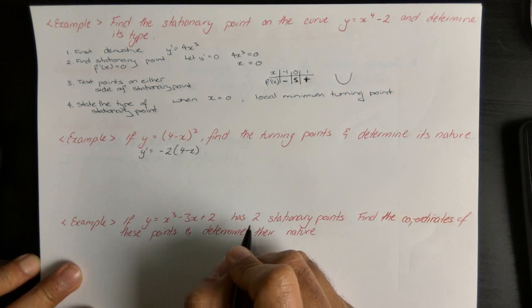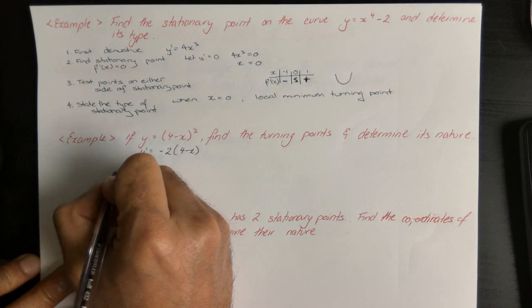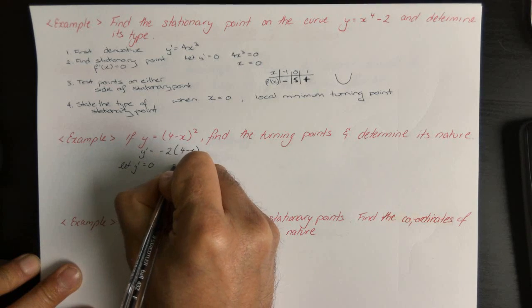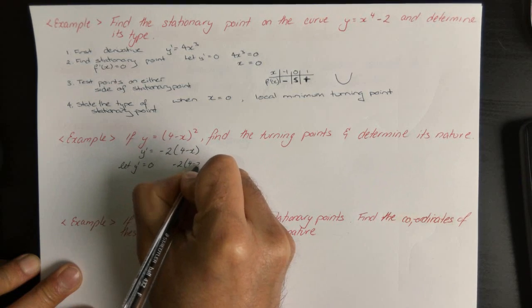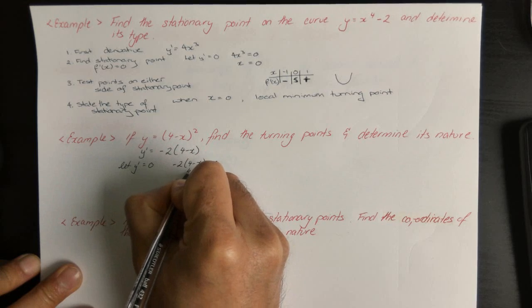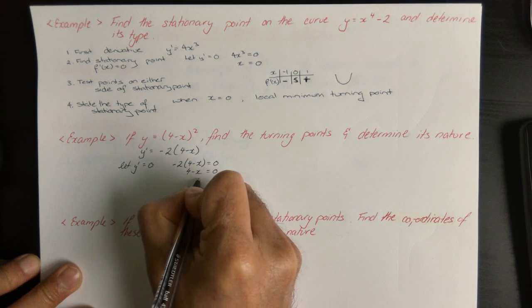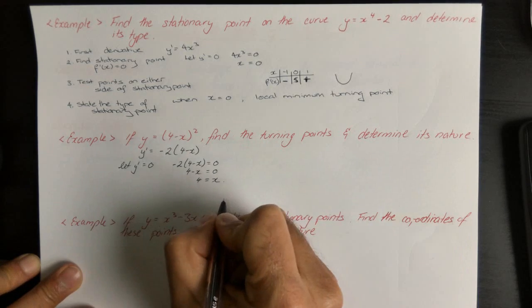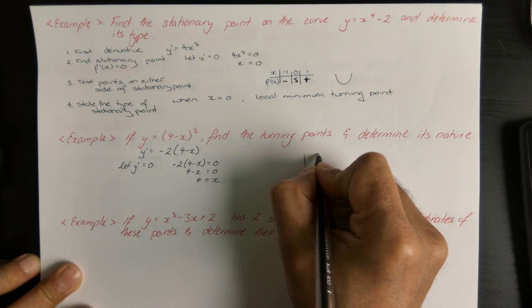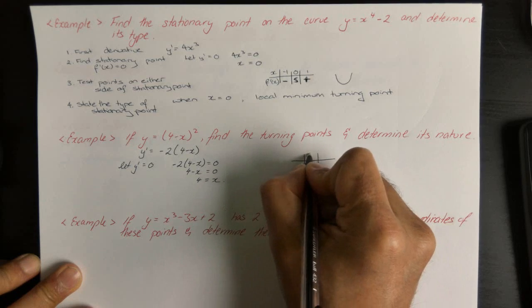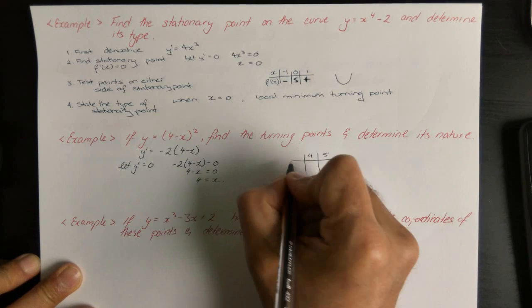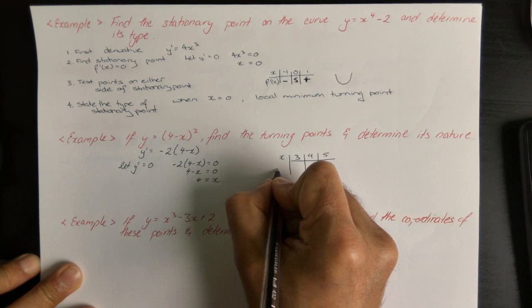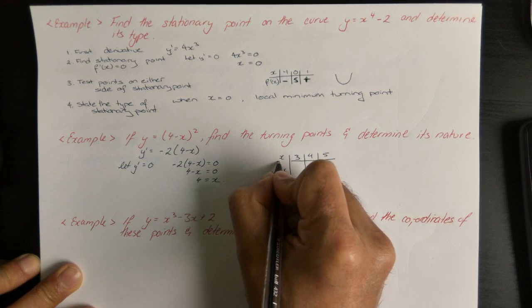We let y dash equal 0, so 4 minus x equals 0, so x equals 4. We're going to test points on either side of it using our first derivative.